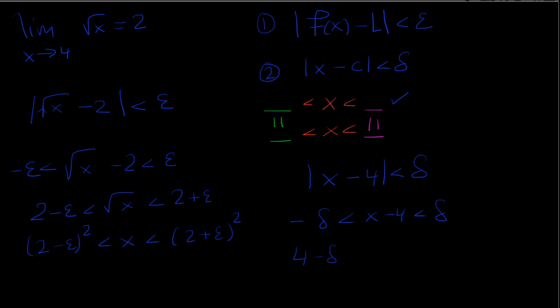And that is 4 minus delta is less than x is less than 4 plus delta. So we have our two inequalities, and the last step is to set them equal to each other. So I'm going to set my 2 minus epsilon squared equal to 4 minus delta, and I'm going to set my 2 plus epsilon squared equal to 4 plus delta.